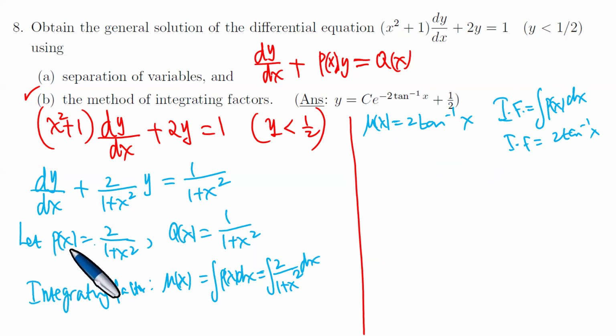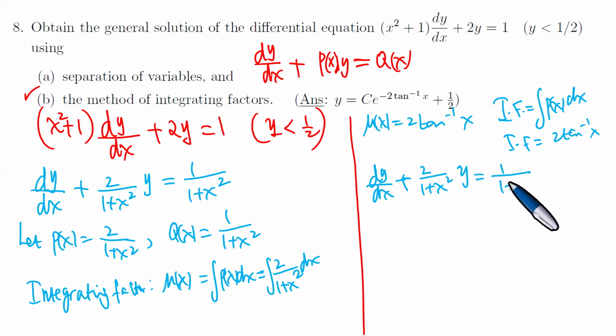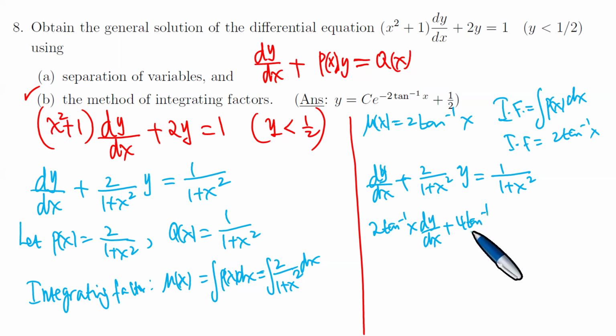So at this point, for example, you already have the plus 4 arctan of x.